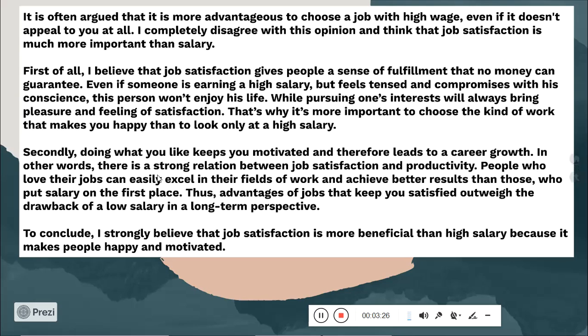In other words, there is a strong relationship between job satisfaction and productivity. People who love their jobs can easily excel in their fields of work and achieve better results than those who put salary in the first place.